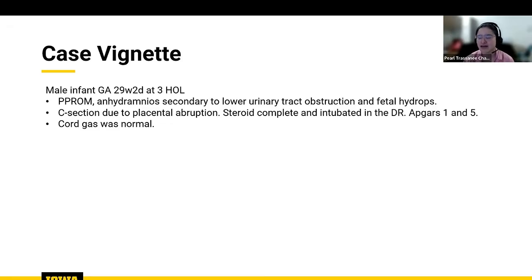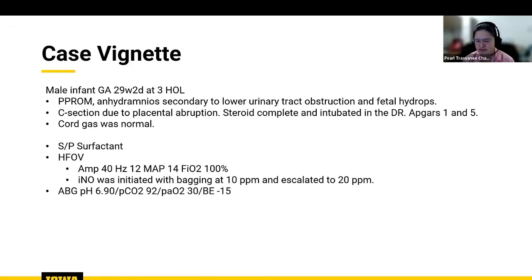There was anhydramnios, secondary to lower urinary tract obstruction, and fetal hydrops. He was born by C-section due to placental abruption, with Apgars of 1 and 5. Despite pulmonary intervention and significant ventilatory support, he remains with significant hypoxemia and hypercapnia, with a chest X-ray that is consistent with pulmonary hypoplasia.